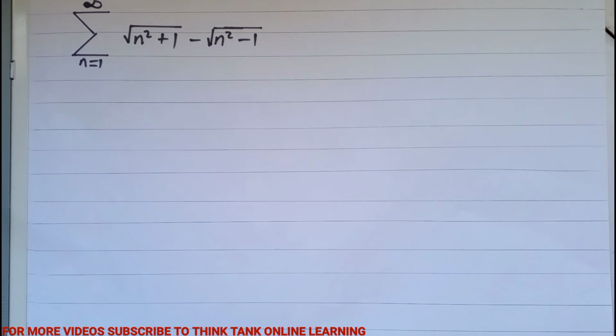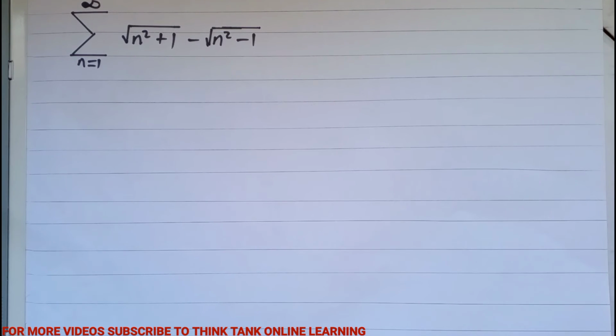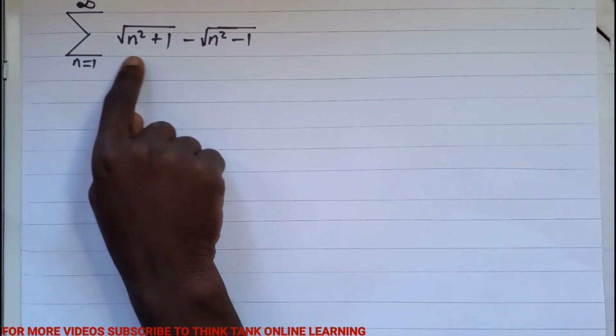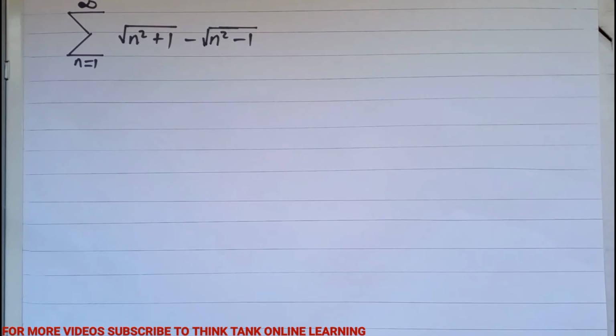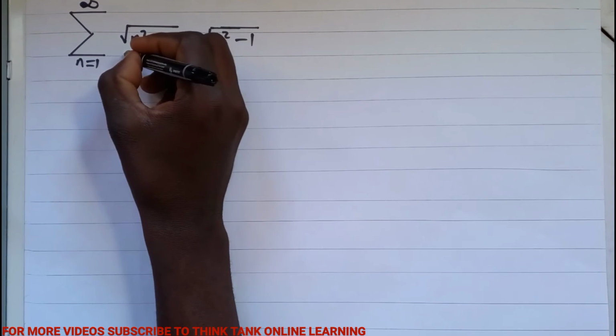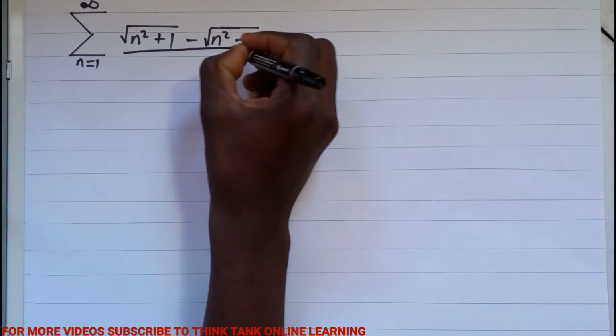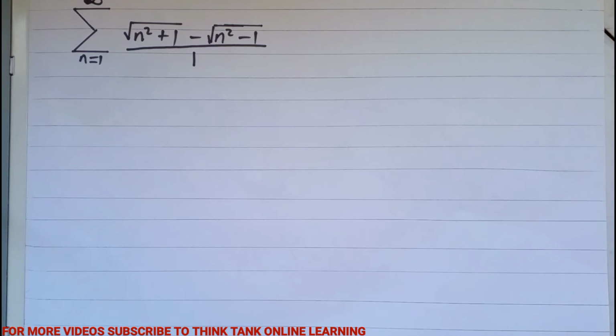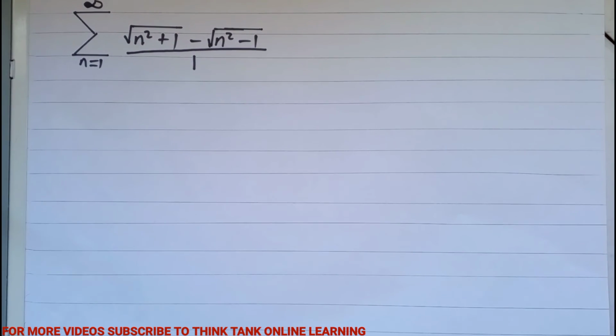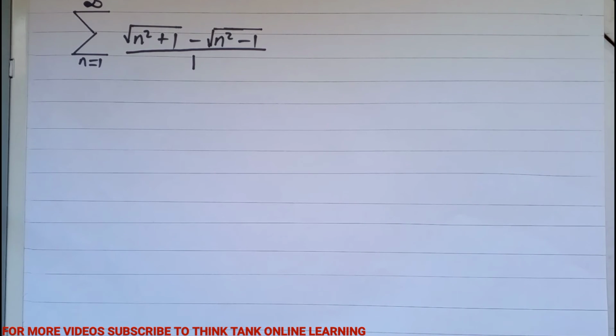Okay, but we have a problem. We need a fraction that has 1 as its numerator. So in this case, if we say this series is over 1, our numerator is not equal to 1. So what are we going to do? Let's try to rationalize the numerator.